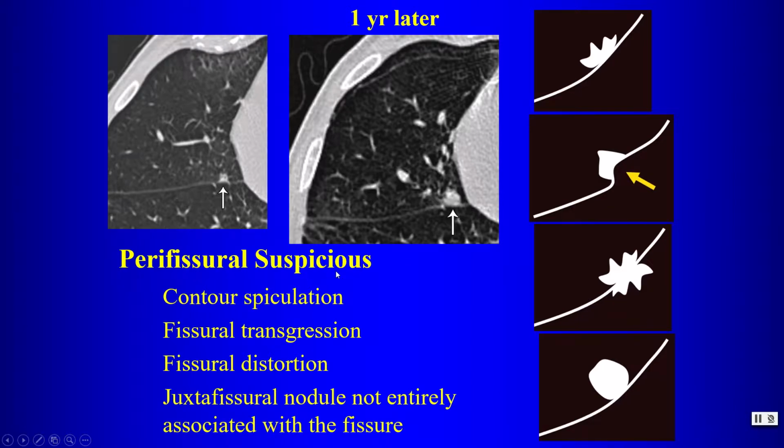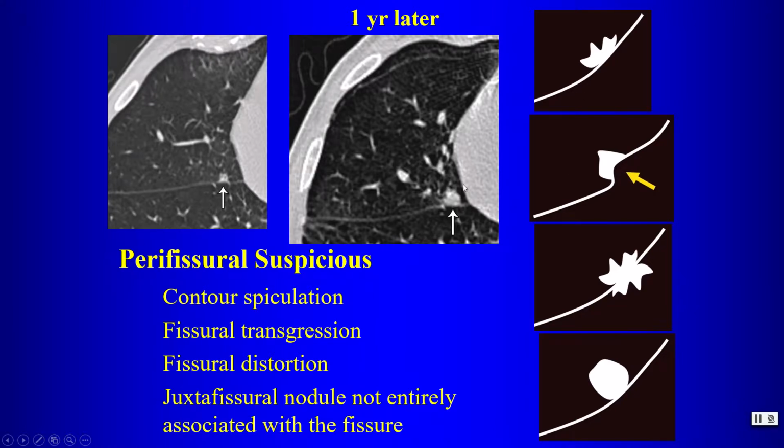So perifissural lesions can be considered suspicious if there is spiculation, if there is fissural transgression, if it crosses the fissure, if there is distortion of the fissure, and if it is a juxtafissural nodule not entirely associated with the fissure, as these drawings here show you some of these examples. So here you have a little bit of spiculation.